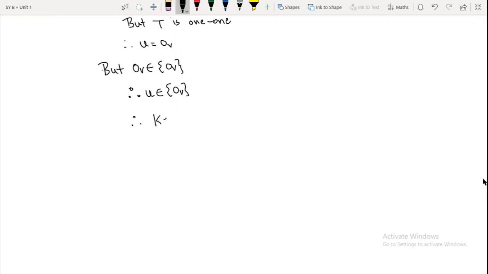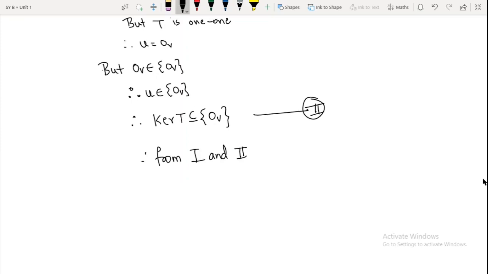Therefore this kernel of T is a subset of the singleton {0_v}. We'll call it 2. So from 1 and 2, what can you say? We can say that kernel of T is equal to the singleton {0_v}. That is what we wanted to prove.